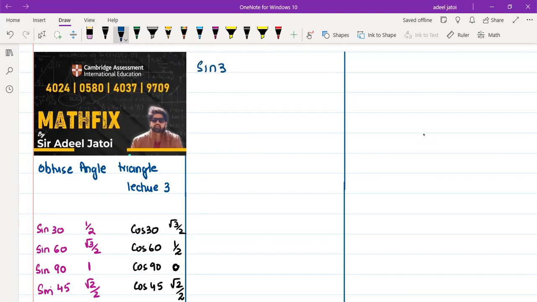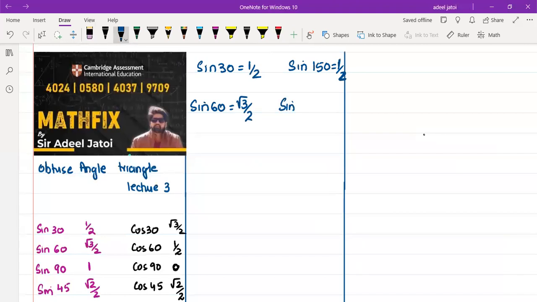Sine 30 is half. Similarly, sine 150 will also be half. Sine 60 is under root 3 upon 2.